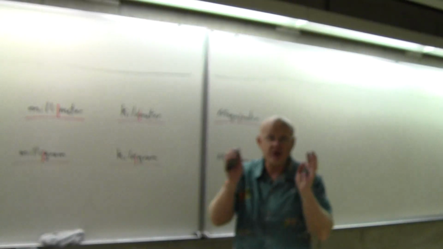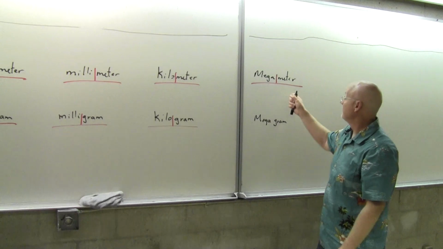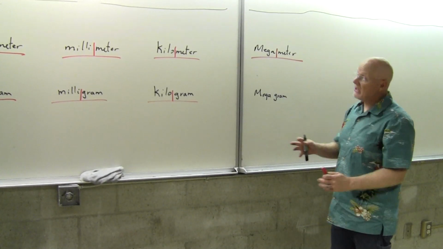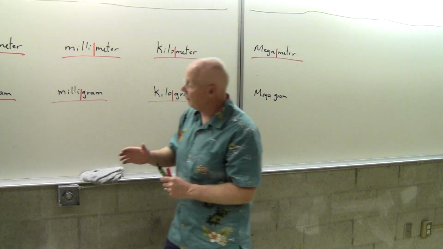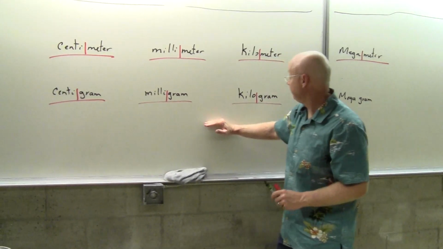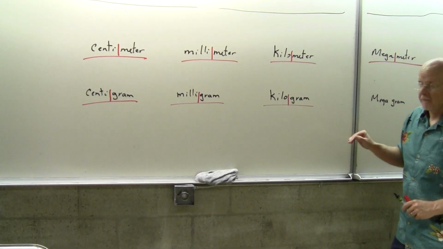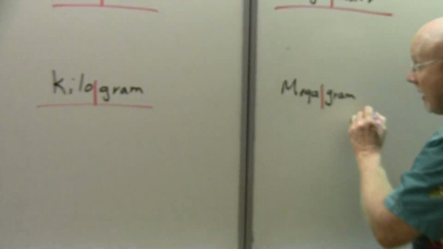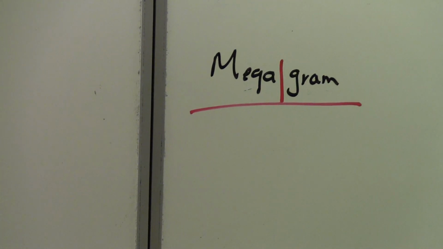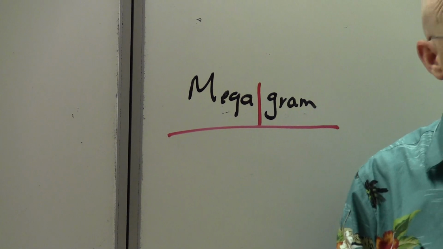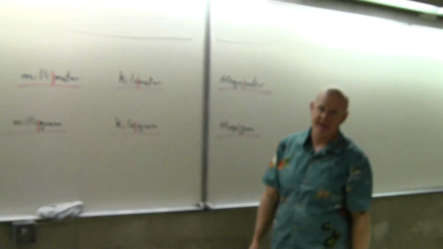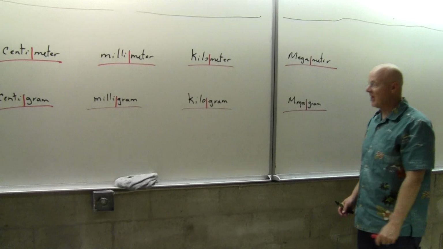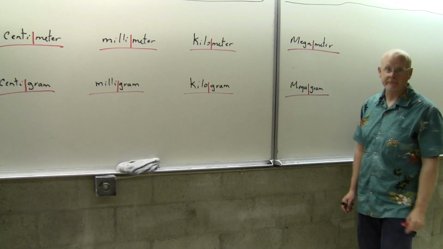End of story. It measures length. Sure enough. And the same thing with the second row. Everything has gram in it. Even a word that I've never heard before, like megagram, I know that all of these measure mass. Exactly. Because they all have gram in them.